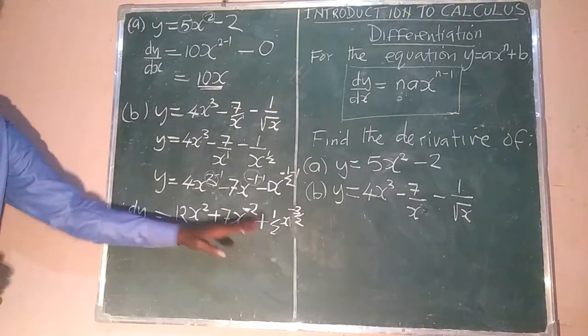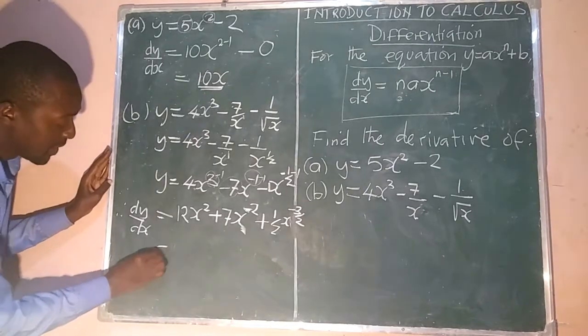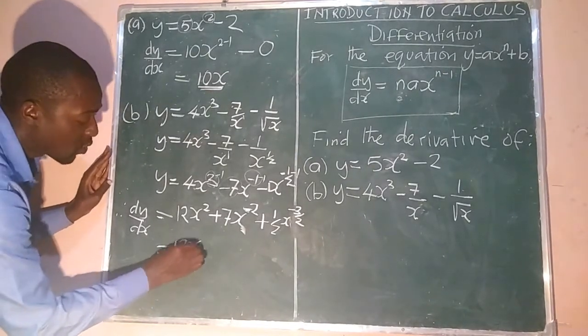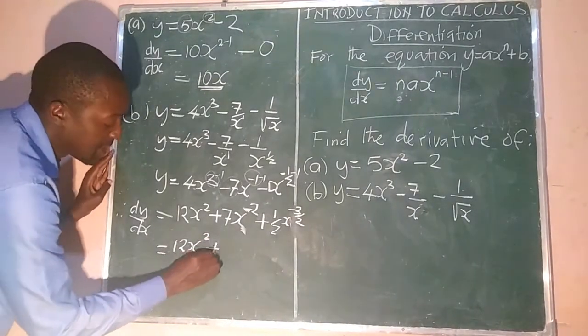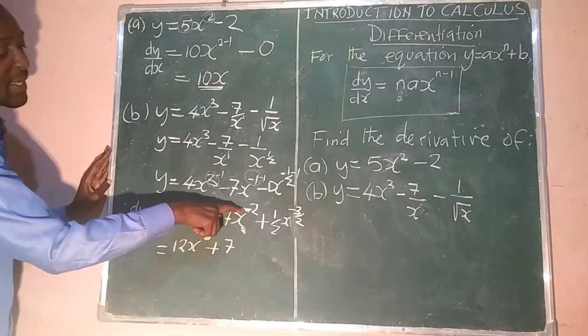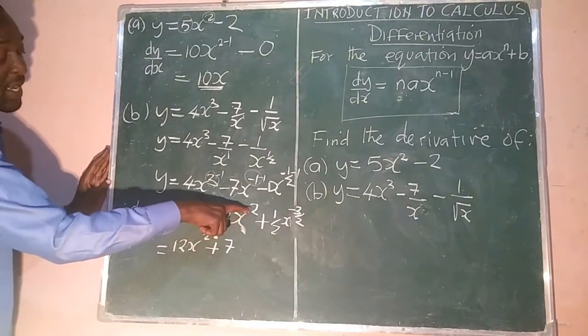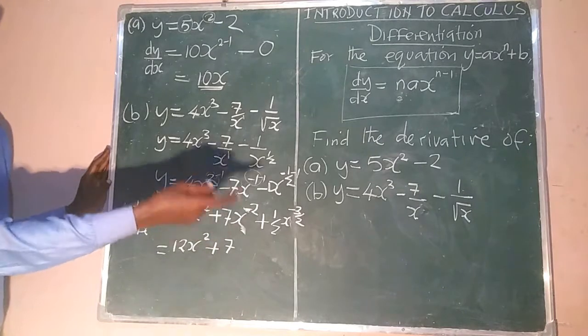We can rewrite this as 12x squared plus 7, and then the x with a negative power you can rewrite with a positive power.